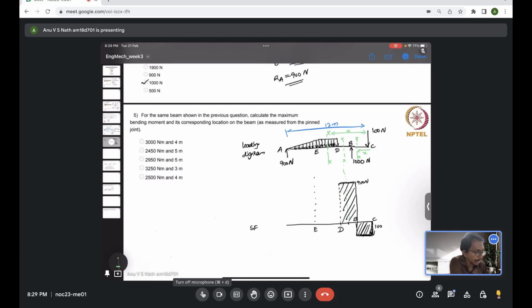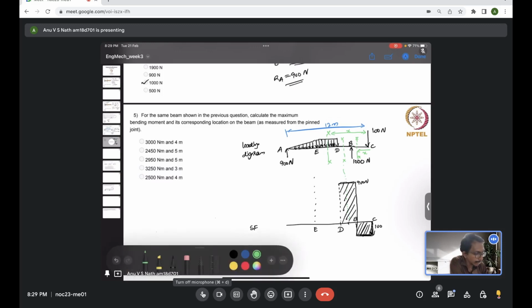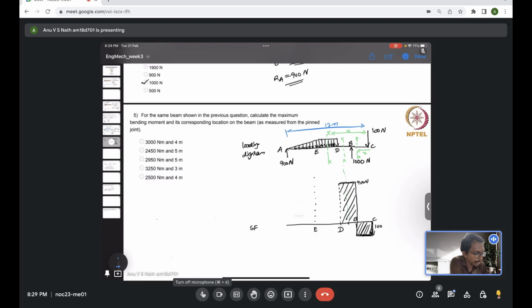If we consider the section XX, a general section XX, I will redraw that particular region of the beam here.